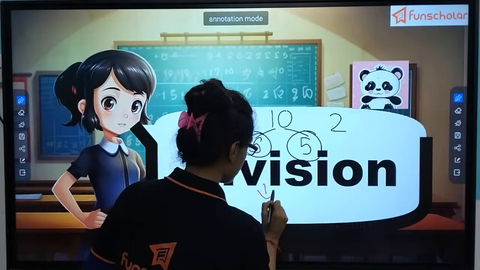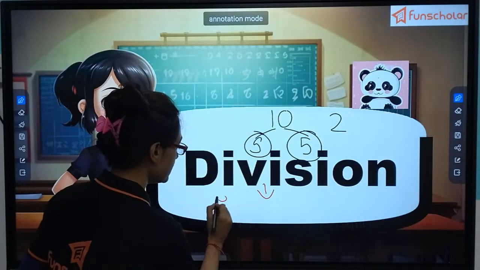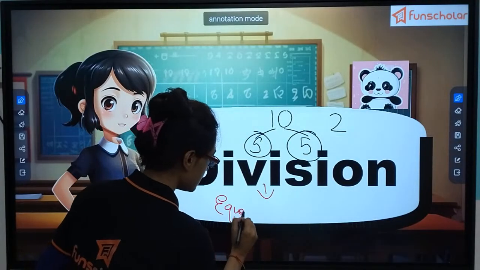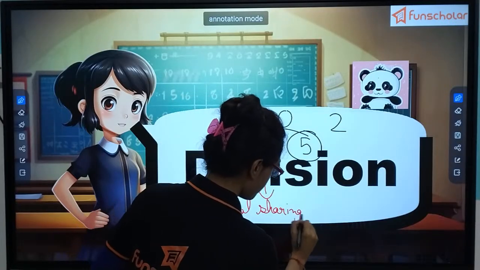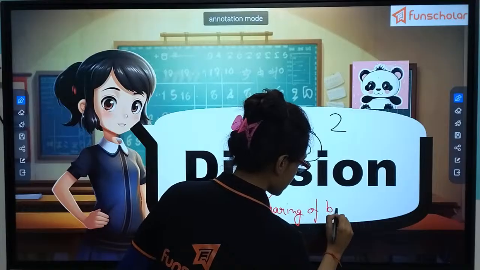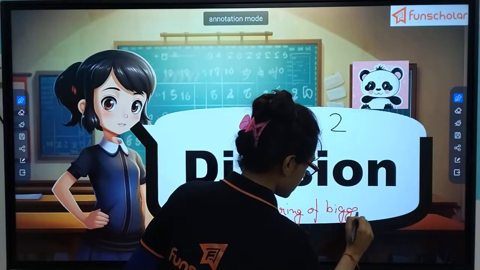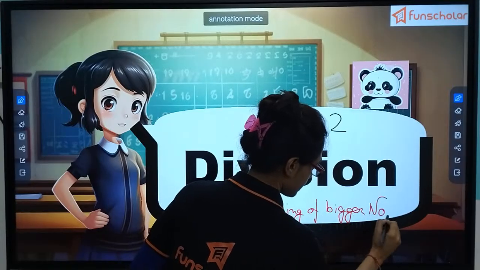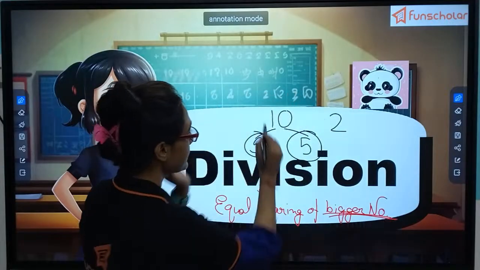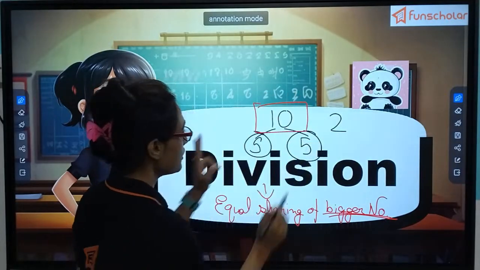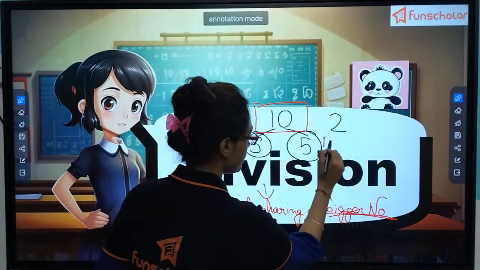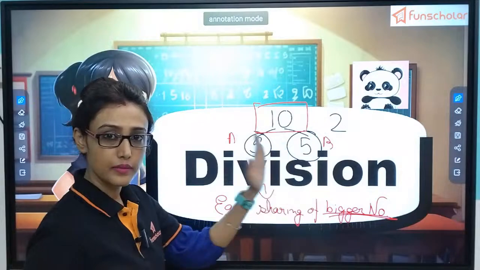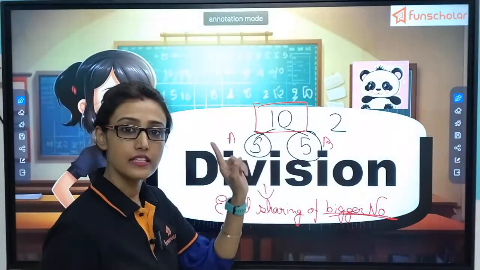So you will remember division is nothing but equal sharing of a bigger number. Okay, so I have divided 10, a bigger number, among two friends, friend A and friend B, and both of them got 5 cards each.